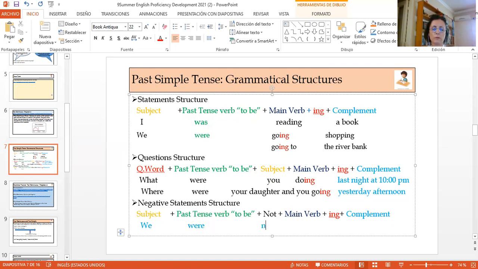We were going to the riverbank yesterday afternoon.